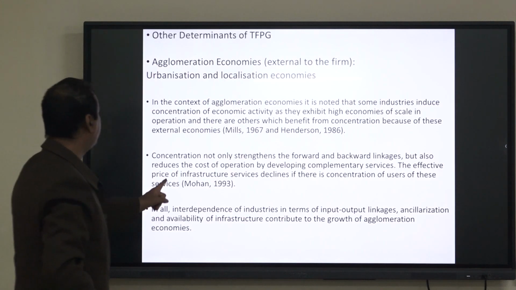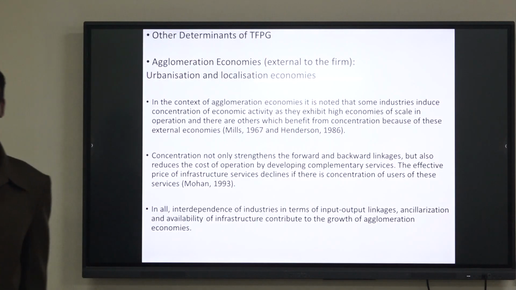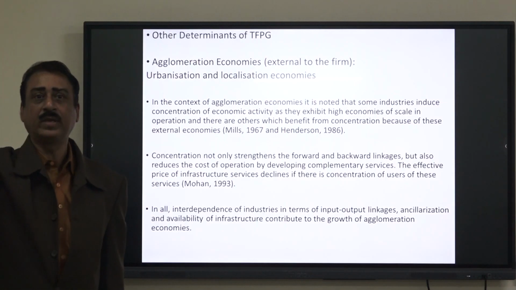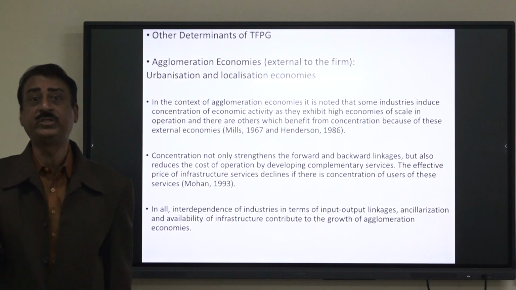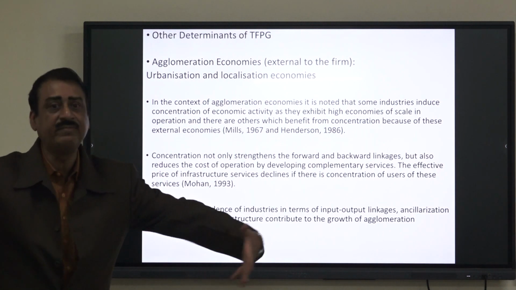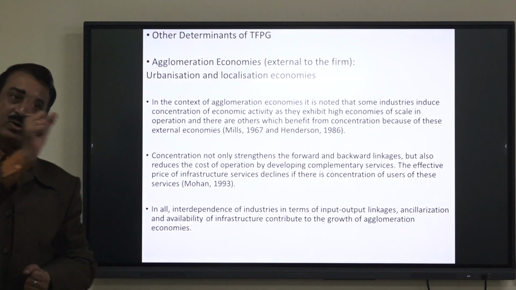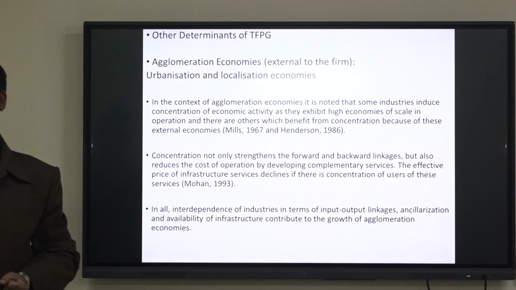Similarly, you will find the effective price of infrastructure. Suppose the government says, okay, I will provide a railway track for your company, but you will have to share the cost. There are 5 industries which would benefit from the creation of the railway track, so the government will say each of you contribute this much.